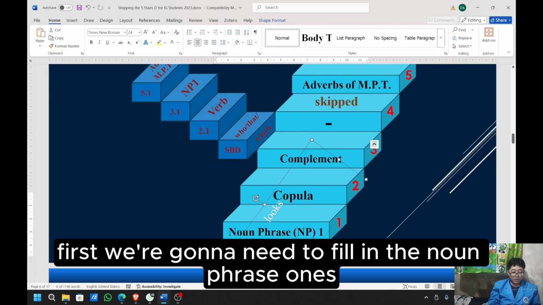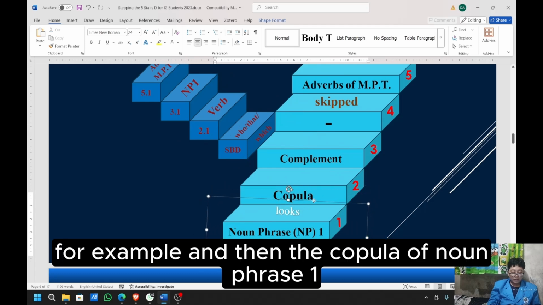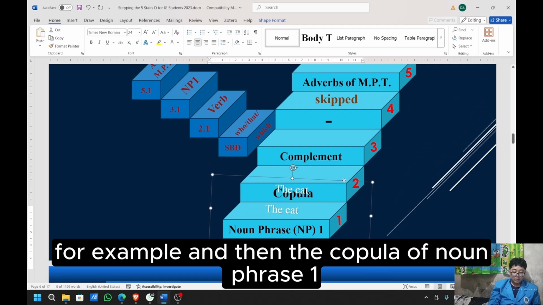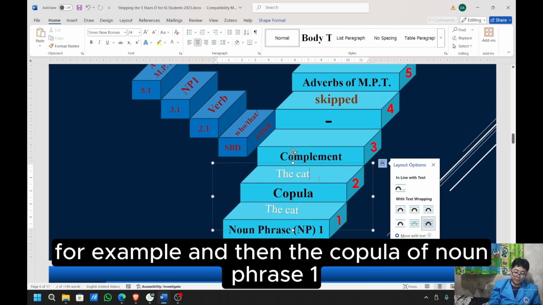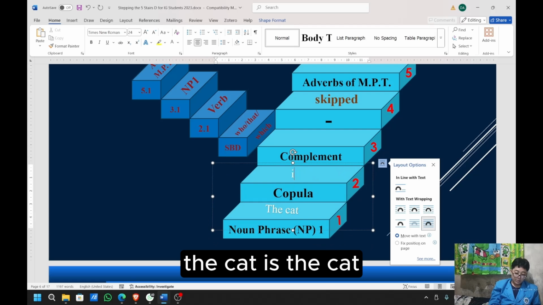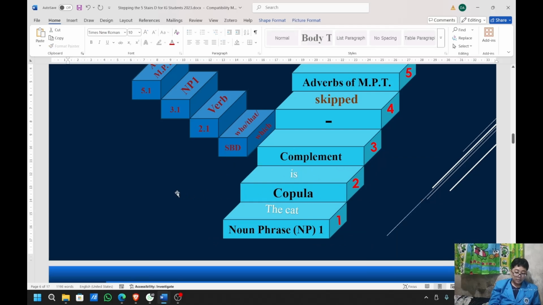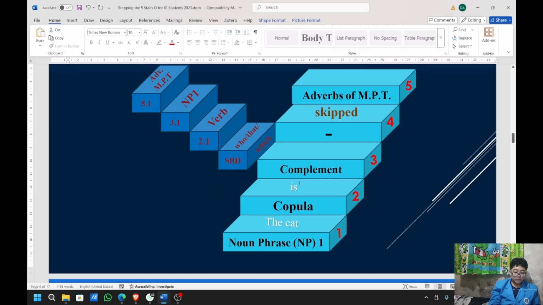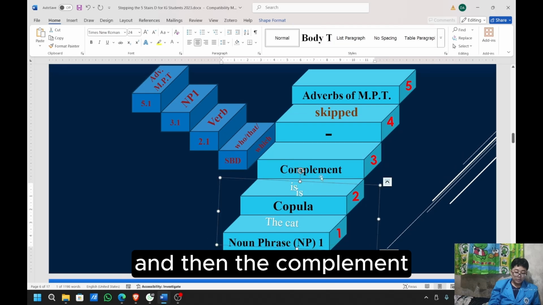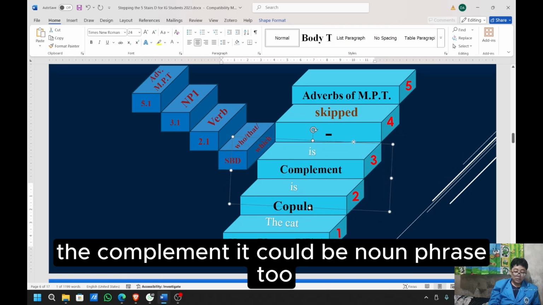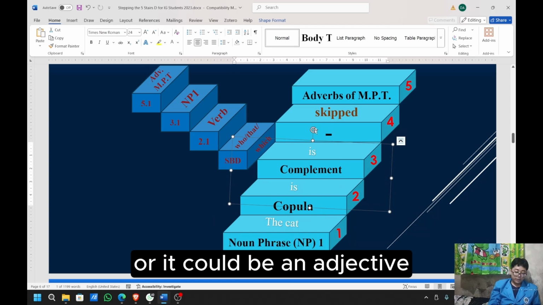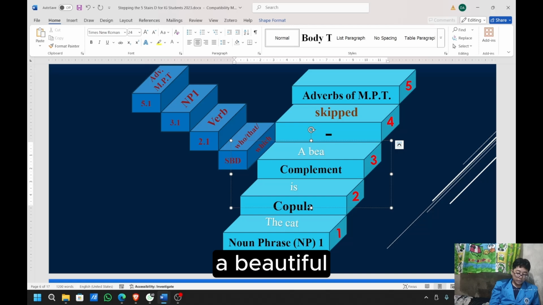First, we need to fill in the noun phrase 1, for example, and then the copula of noun phrase 1, the cat, is. Then the complement, it could be noun phrase 2, or it could be an adjective: a beautiful Persian cat.